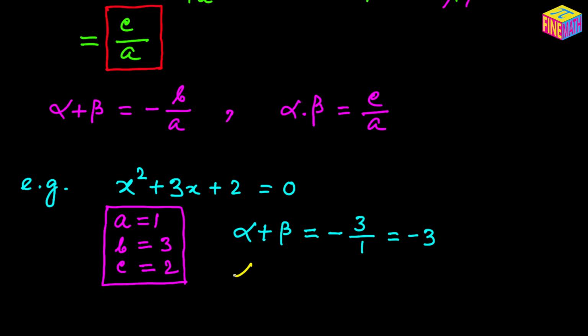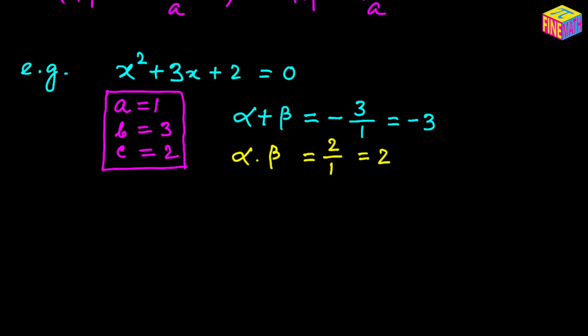Alpha times beta would be c by a. What is our c in this case? c is 2 and a is 1, so the product of the roots would be 2 divided by 1, that is positive 2, right? So this is how you can calculate the sum of the roots and the product of the roots when a quadratic equation is given.